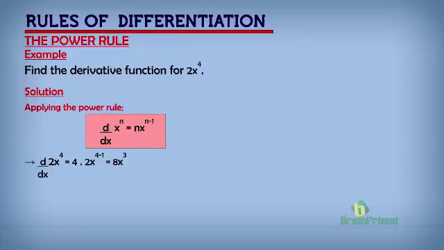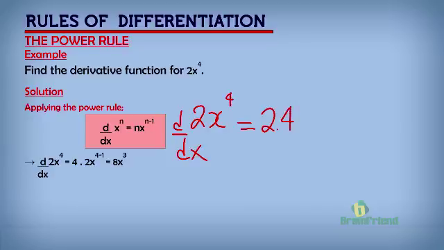Let's take another example so that we'll get a better understanding. Again, we've been asked to find the derivative function for 2x raised to power 4. Again, if we apply our rule here, we'd have 2x raised to power 4. Derivative would be, again, we already have 2 as a constant. Our 4, which is our power here, again comes down to multiply x, still raised to the power 4, but in this instance, subtracting 1.